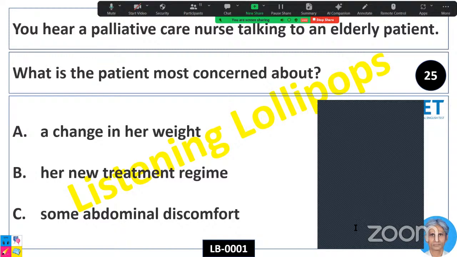Palliative nurse. Okay. Next: who is the palliative nurse talking to? That means who is the listener? Who is listening?